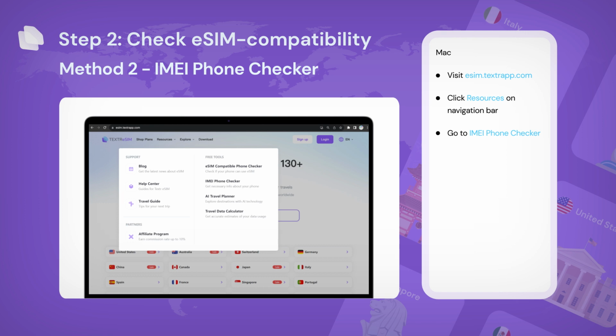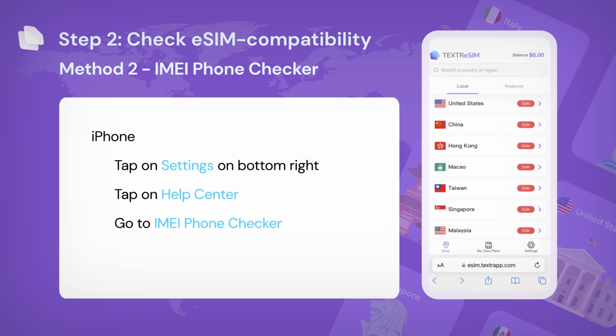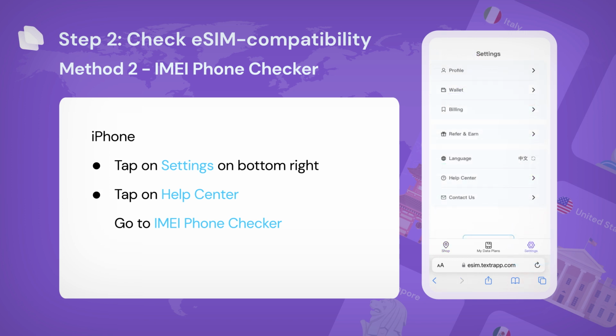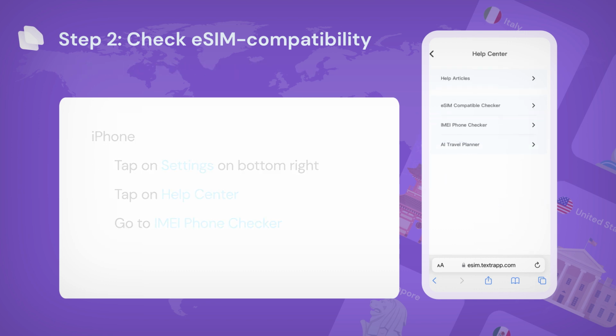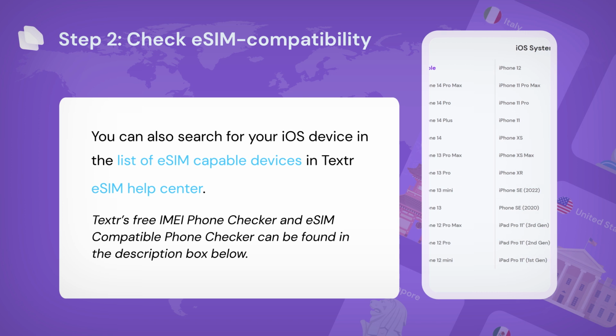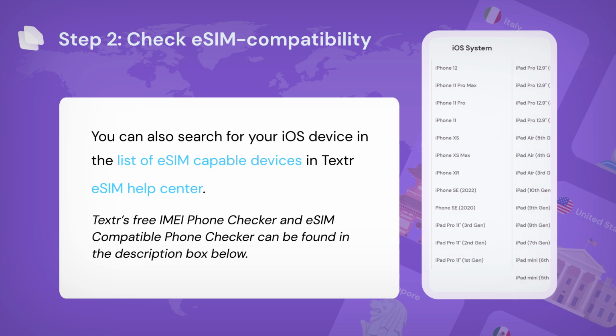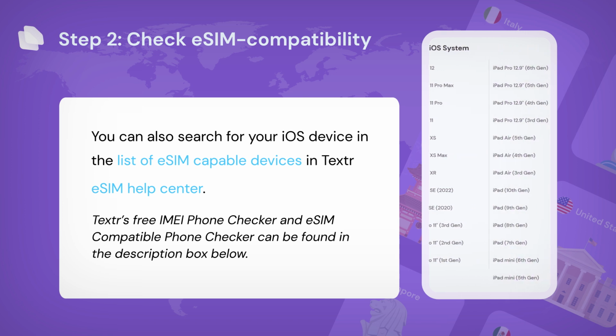Go to IMEI phone checker. If you are accessing with a phone, tap on Settings on bottom right. Tap on Help Center. Go to IMEI phone checker. You can also search for your iOS device in the list of eSIM-capable devices in Textr eSIM Help Center.